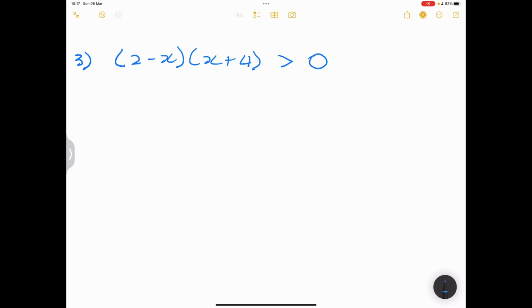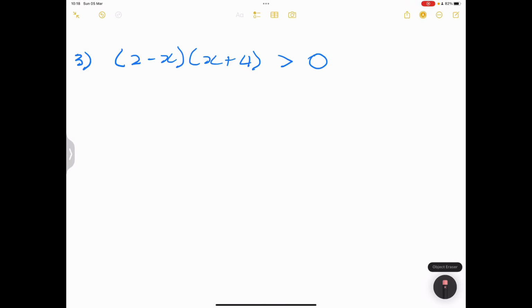Okay. Now, ladies and gents, you do not need to multiply into the bracket unless you've got a value that is not 0 on the other side, right? So the only time that you will multiply the brackets together is when you have a non-zero value on the other side.